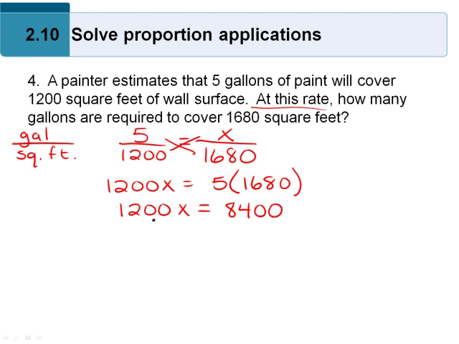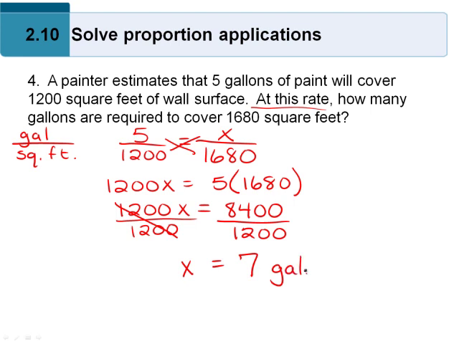Then to solve and get x by itself, remember you divide by 1200 on both sides. It should come out to 7, I'm pretty sure. Let's check that out. Oh, I am good. Yep, you get 7. So that would be 7 gallons of paint.